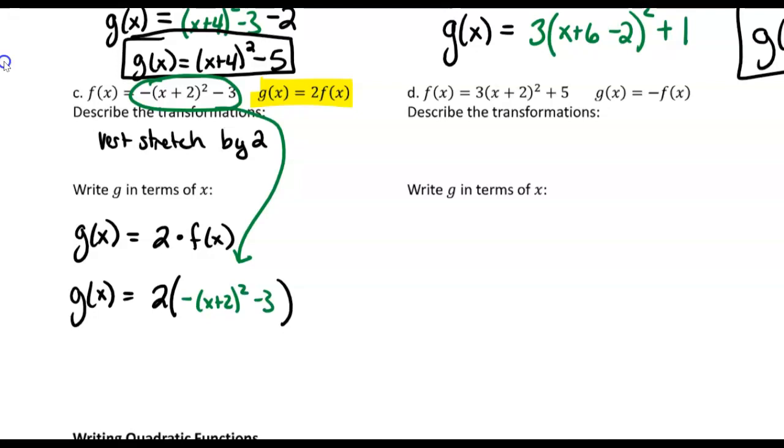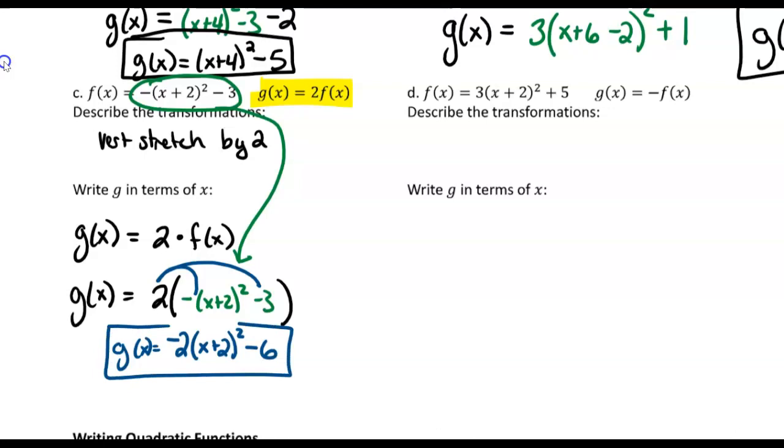Now when you're doing this, the 2 can multiply in front of those parentheses. The 2 times that negative becomes negative 2. The 2 can't go into that parentheses squared. It's locked up. But the 2 does multiply over to the negative 3. 2 times negative 3 is negative 6. So distribute in front of the parentheses, and if there's a number after the parentheses, but don't distribute into the parentheses, okay? You can't do that.